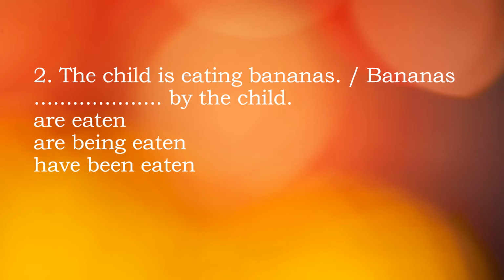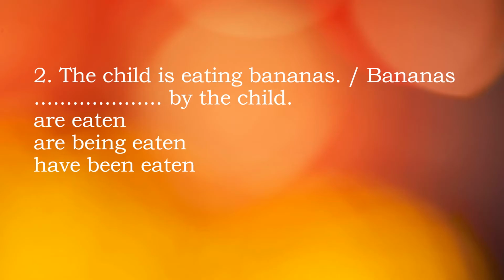Whenever we change any continuous tense, being has to be added. You understand? So here we find three options: first option are eaten, second option are being eaten, third option have been eaten. As it is continuous tense, being must be there.